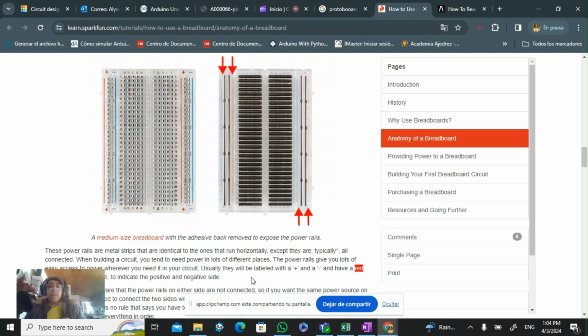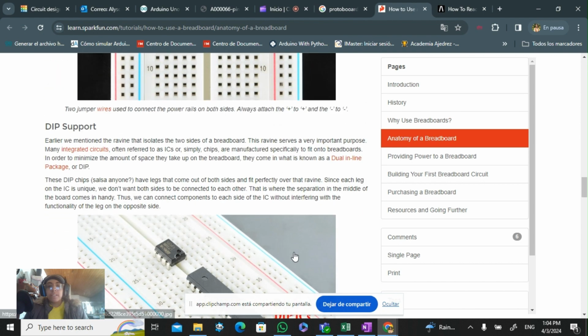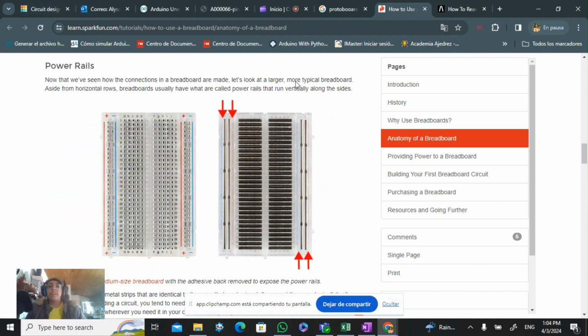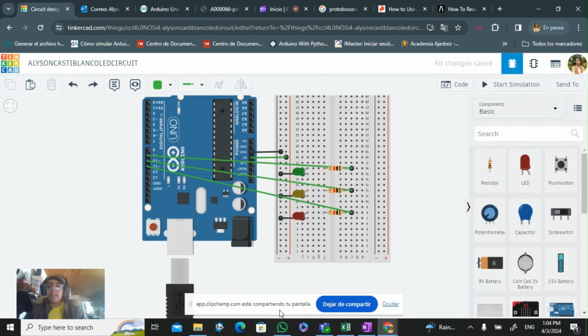But if you want to separate the elements in parallel, and with that you can put the elements in short circuit, for example, you can do it by putting them in the other section. Remember, these sections are joined, these sections are separated. Anyway, I'm going to give you this article if you want to know more about that, right? Now it's time to build it for real.